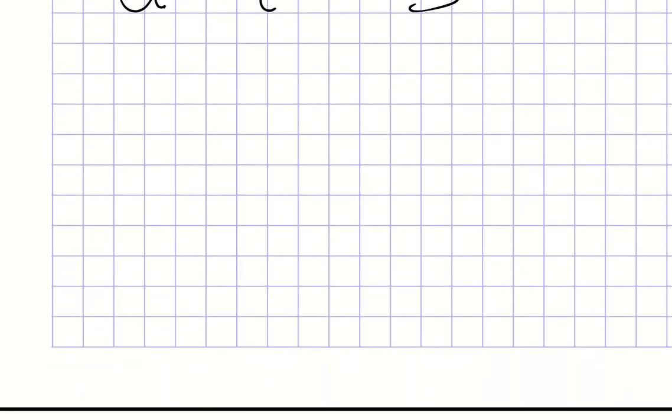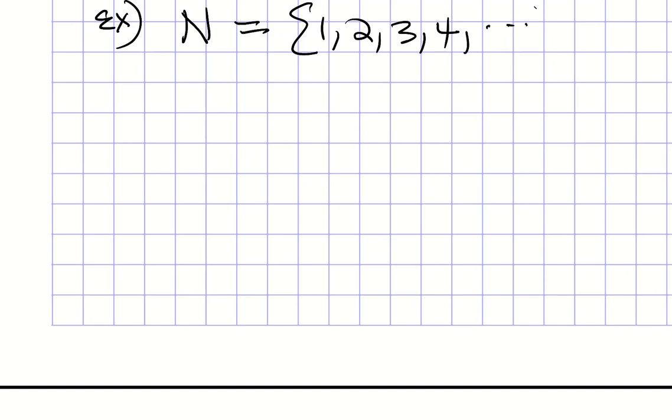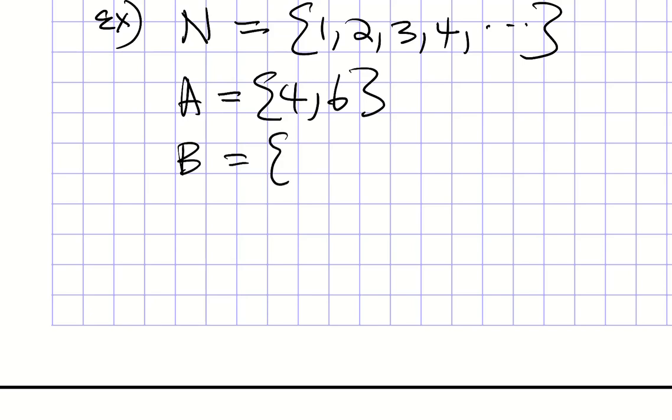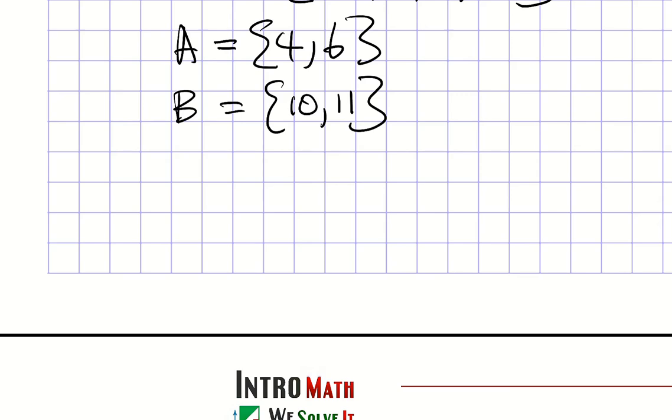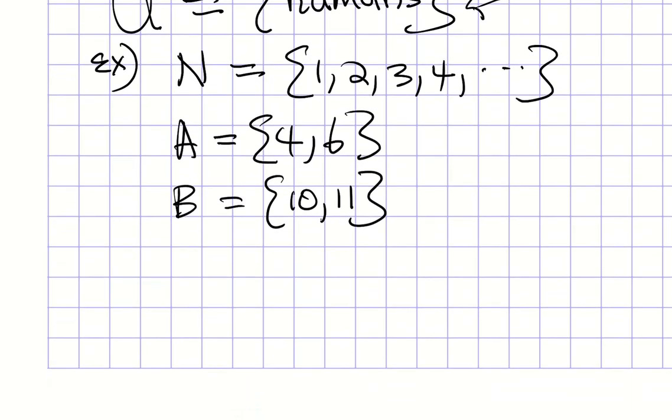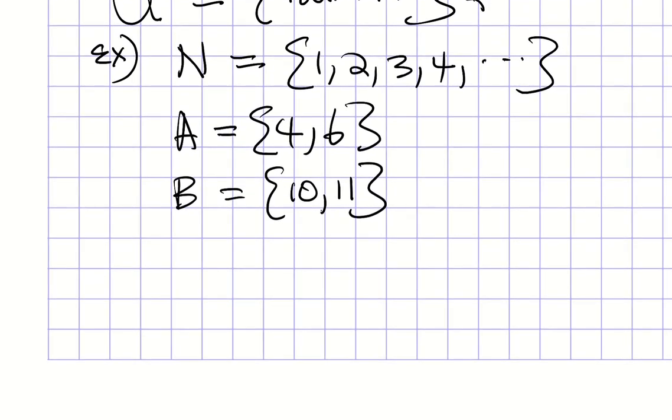So let me give you one more example. Remember this set of natural numbers 1, 2, 3, 4 to infinity, right? Look at this set here, 4, 6. And look at this set here, containing 10 and 11, right? Don't you see that N is the universal set of A and B, because both A and B contain natural numbers.